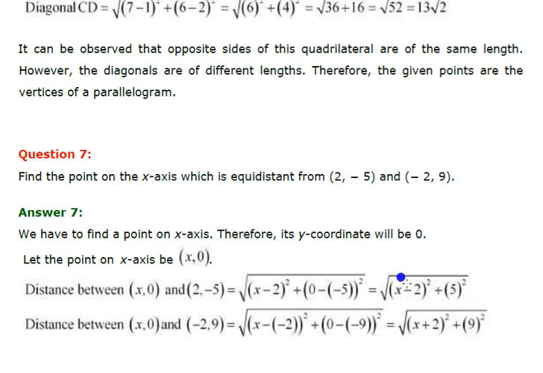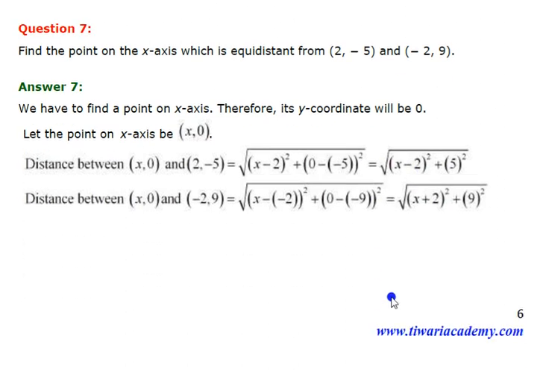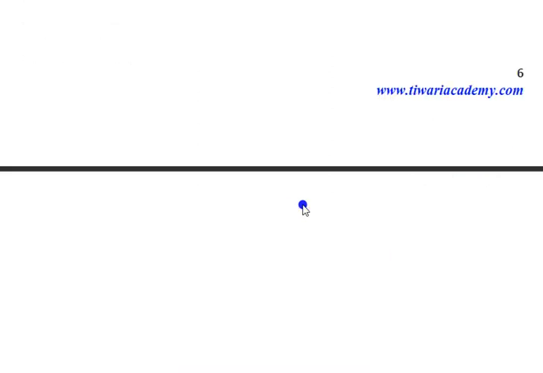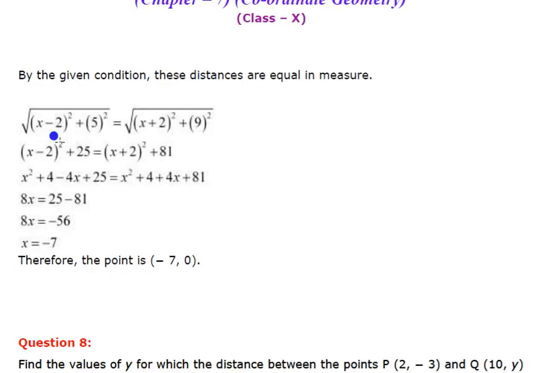So when you equate these two distances, the root and root will cancel. Now see here. This first equation is equal to the second equation. So cancel this root and root.